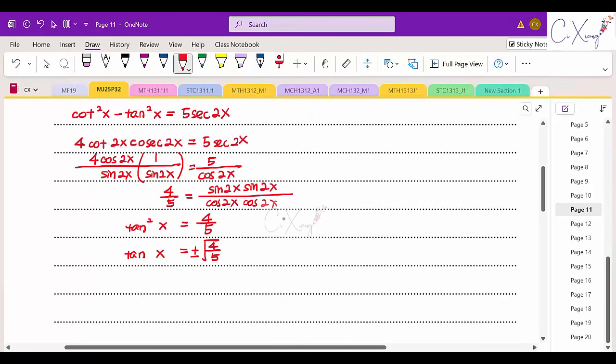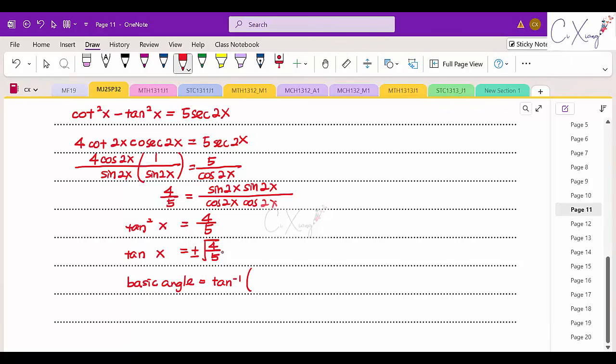So you're having plus minus 4 over 5 square root. Then after that, to solve this equation, you need to get the basic angle. It should be tangent inverse, and then I only consider the positive value, 4 over 5 square root. Because the basic angle, we always assume that it is from the first quadrant. Therefore, we will always put it as a positive value here.